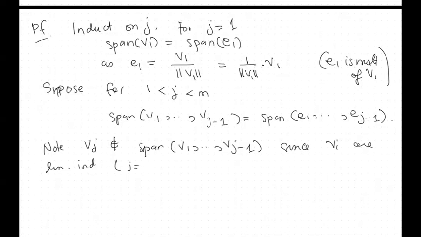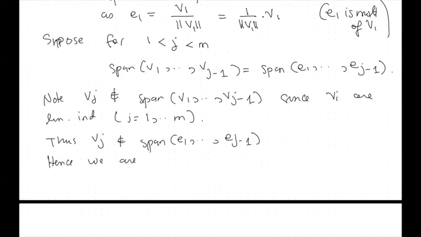Thus, we get that v sub j is also not in the span of e sub 1 to e sub j minus 1. Hence, we are not dividing by 0 in the definition of e sub j, and dividing a vector by its norm produces a vector of norm 1.